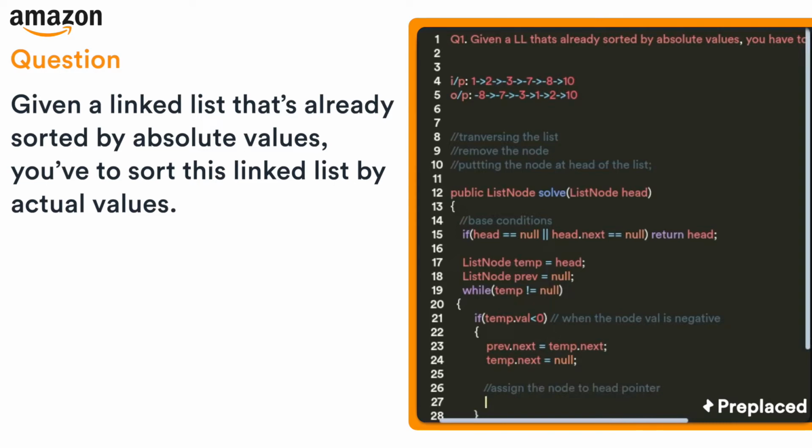So basically, suppose I have to save my head in a temporary head, then I need to point my head towards the temp.